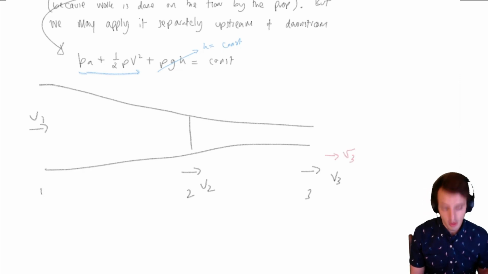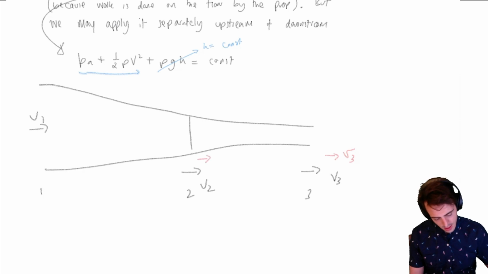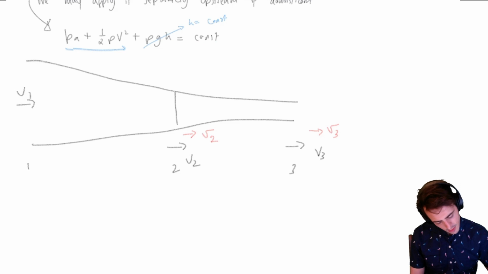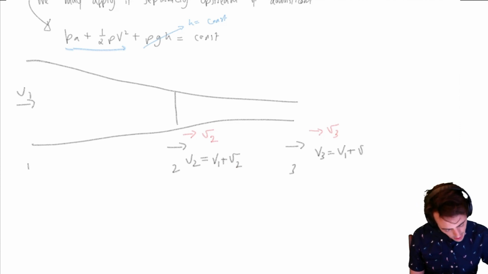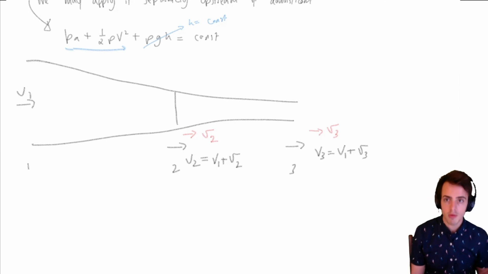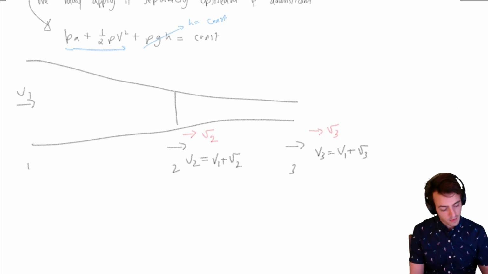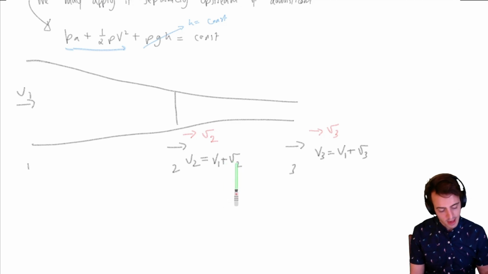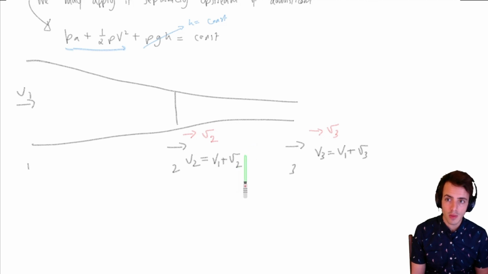V3, which is this lowercase v. So we can say here that V2 is equal to V1 plus lowercase v2, and V3 is equal to V1 plus lowercase v3. So ultimately the velocity that we need, which is for our axial induction factor, is this one here. It's the perturbational velocity that we add.